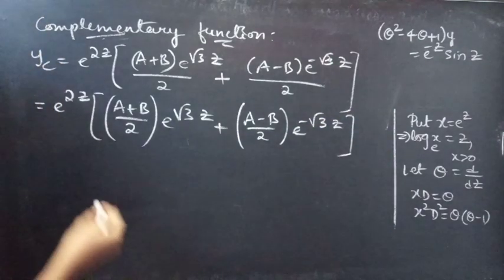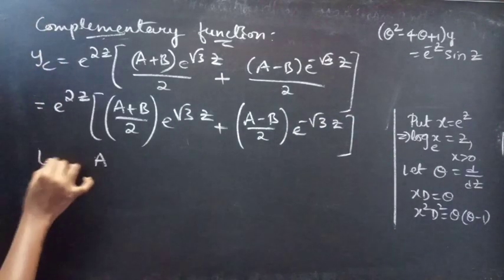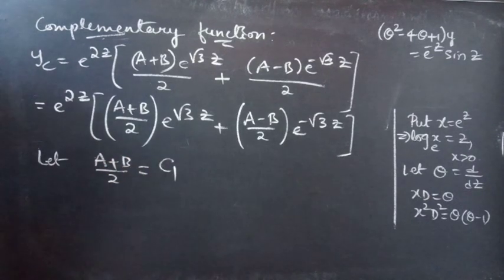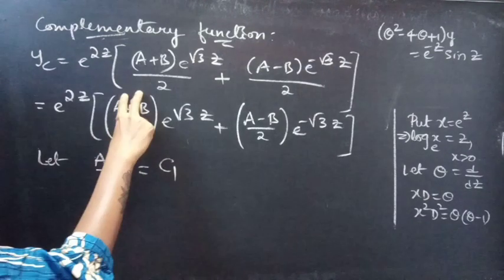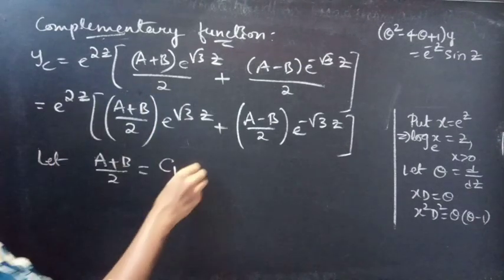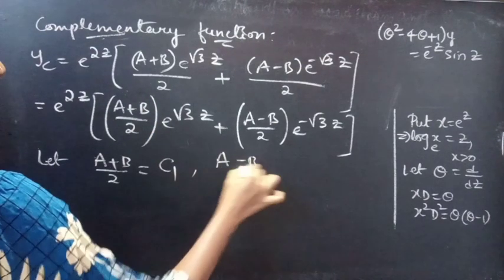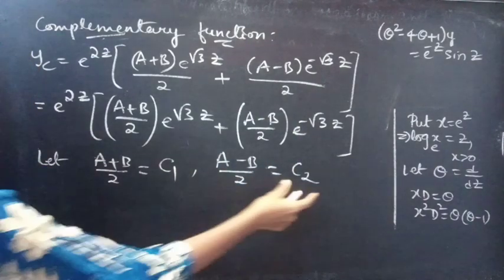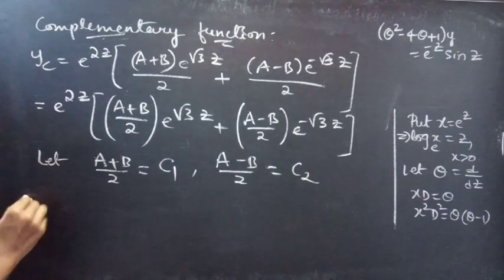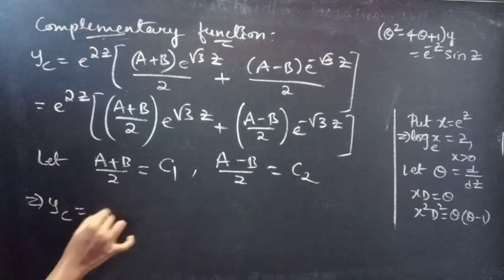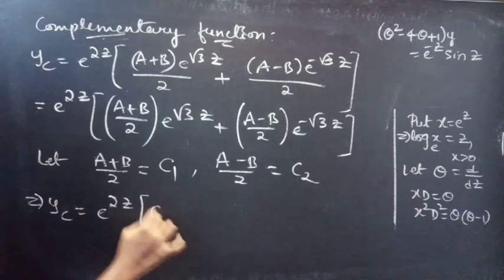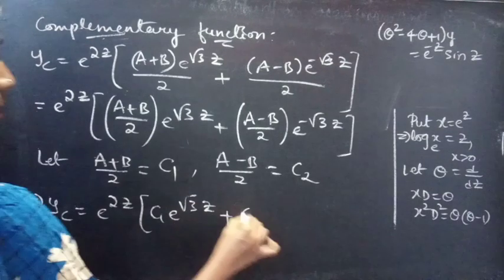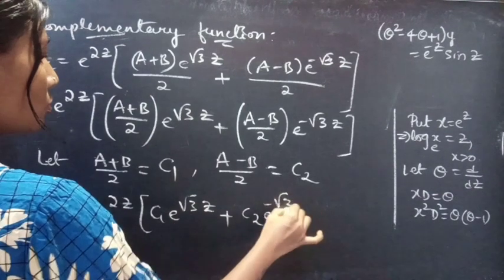Okay, for my convenience, let a plus b by 2, a constant, equal c1. We'll represent this whole constant by c1. And a minus b by 2 equals some c2. Okay, here c1 and c2 are also constants. Then yc becomes e power 2z into (c1 e power root 3z plus c2 e power minus root 3z).